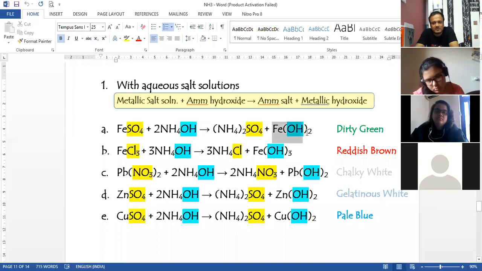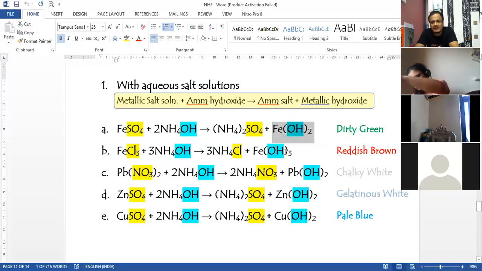All these hydroxides which are formed in these reactions are precipitates, and they are colored precipitates. They have a specific color, and looking at the color, we can easily identify the ions present. You'll be learning this in analytical chemistry also, where we'll learn how to identify cations, which is also a part of your practical chemistry.